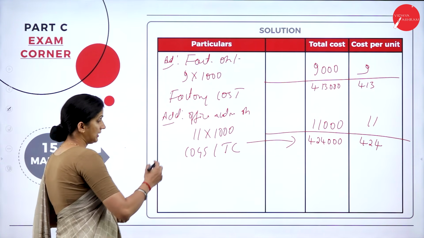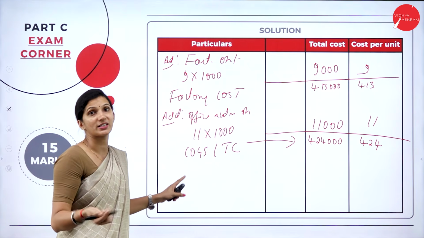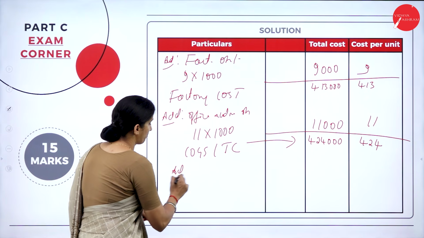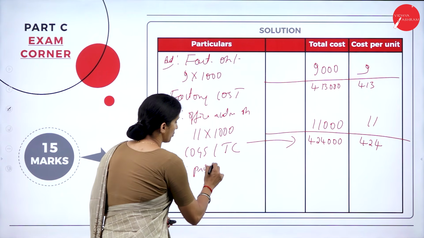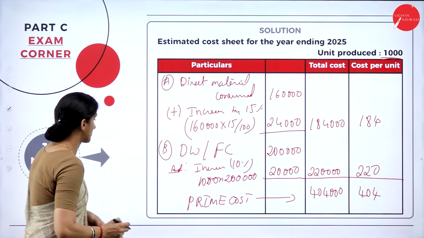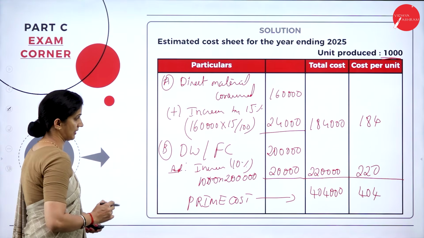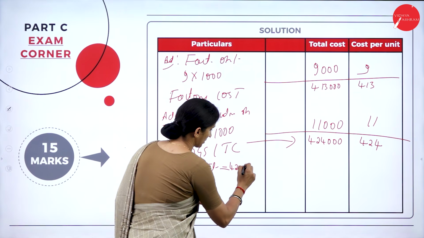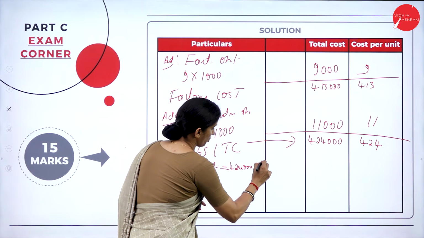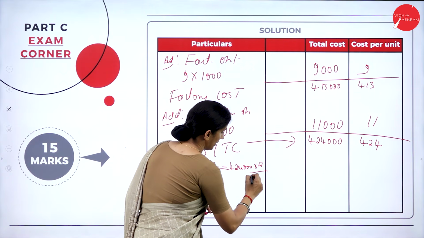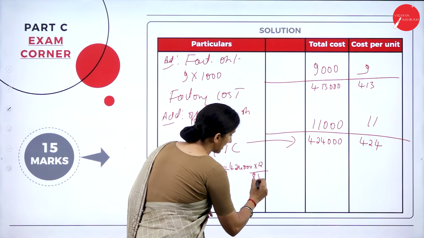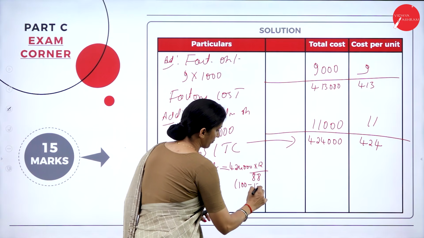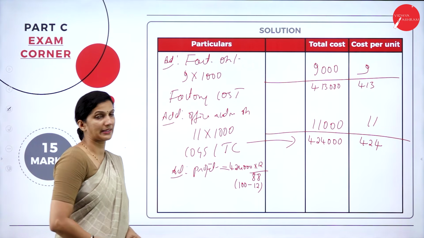So next we'll write the sales. Here we don't know what the sales is in the year 2025, so we will add profit. We know the profit percentage in the previous year, that is 12%. So your total cost is 4,24,000 into 12 divided by 88. If sales is 100, profit is 12, the remaining is 88.